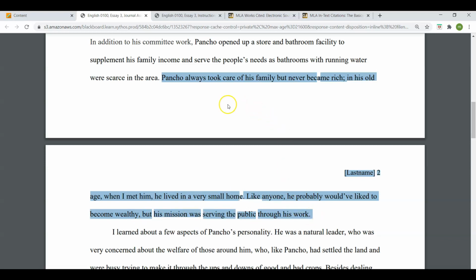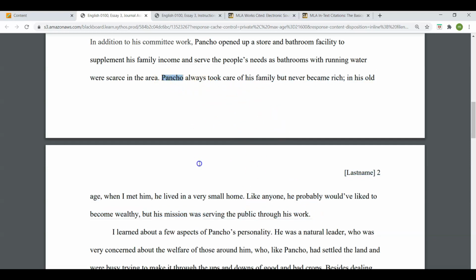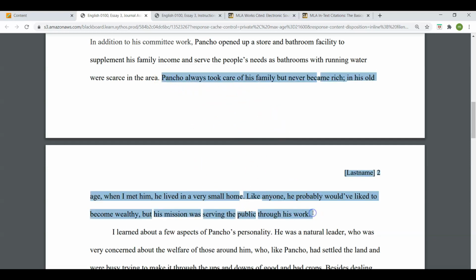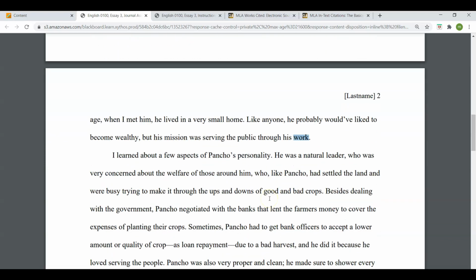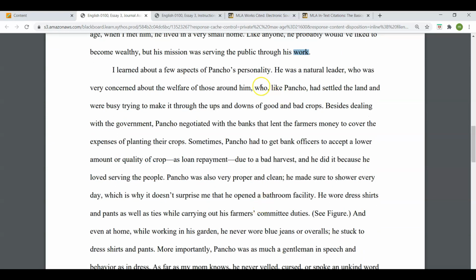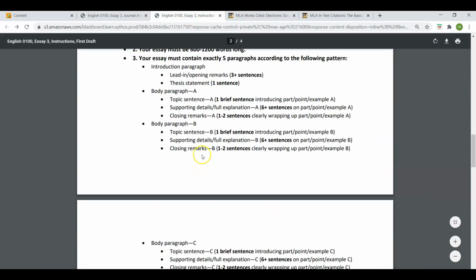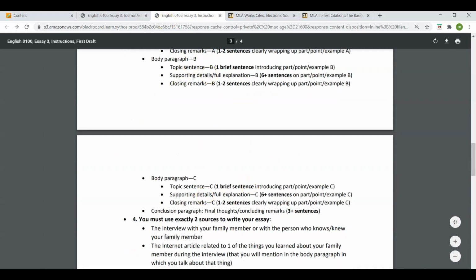So notice, maybe those are my final two sentences. I don't know if you consider these two as my closing remarks or this one. But notice I use the word work, so it's absolutely clear that I'm closing the paragraph on that. I'm going to move on to body paragraph B, but please excuse me from having to come back to this. I'm not going to do that anymore, okay?